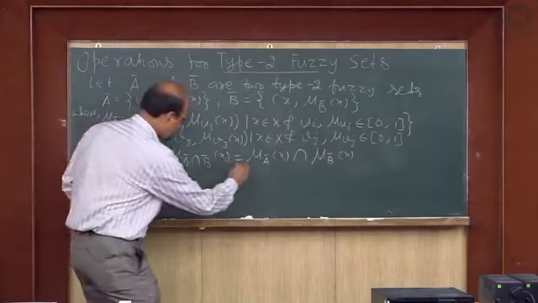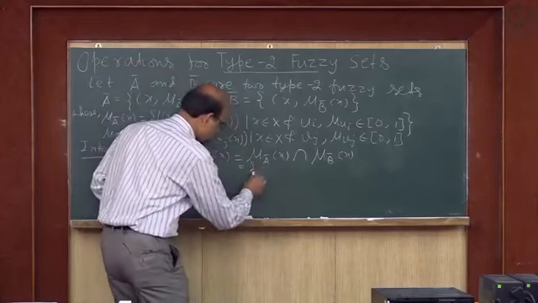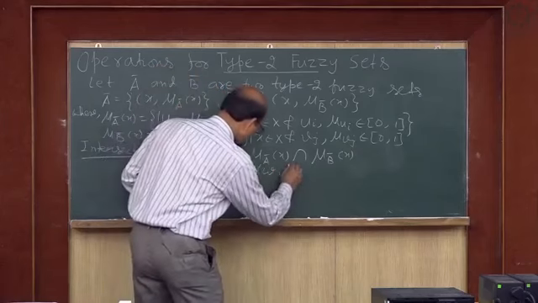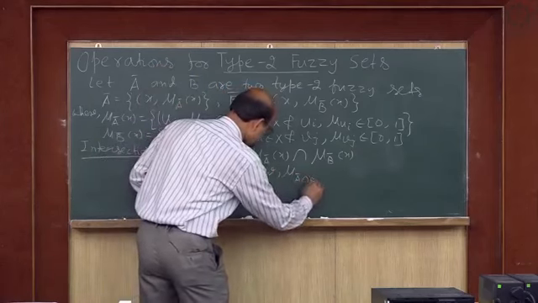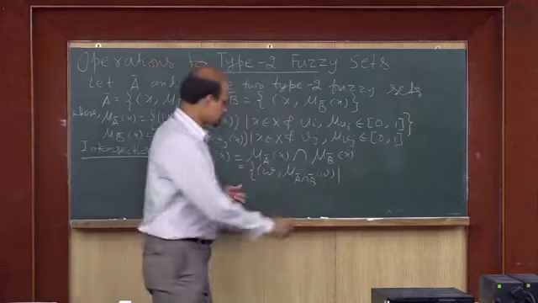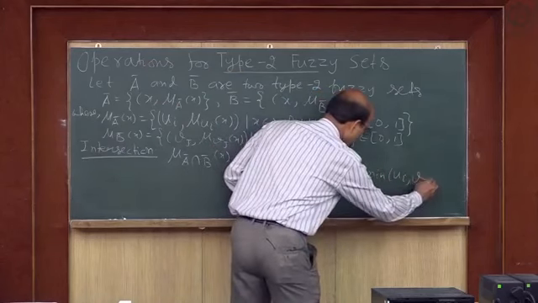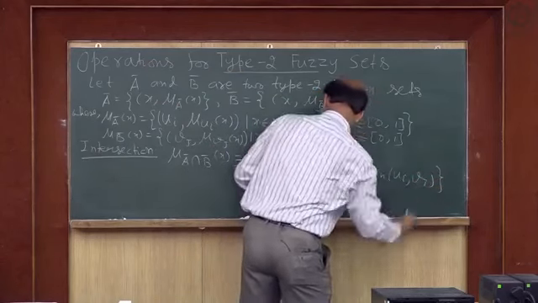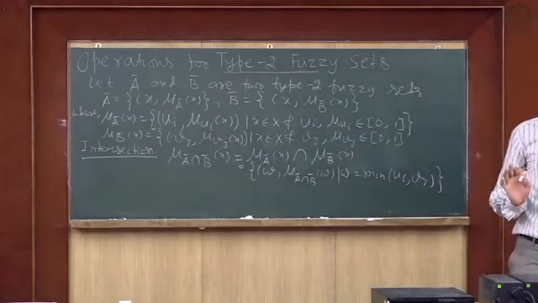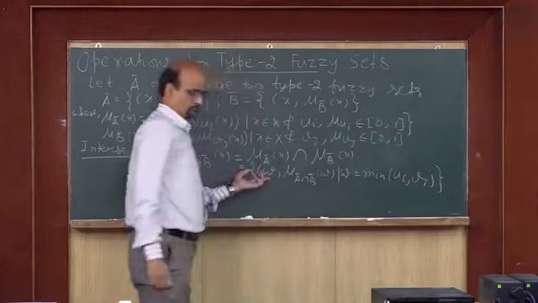I will introduce another variable w, such that w is the minimum of ui and vj, where ui and vj belong to the interval [0,1].